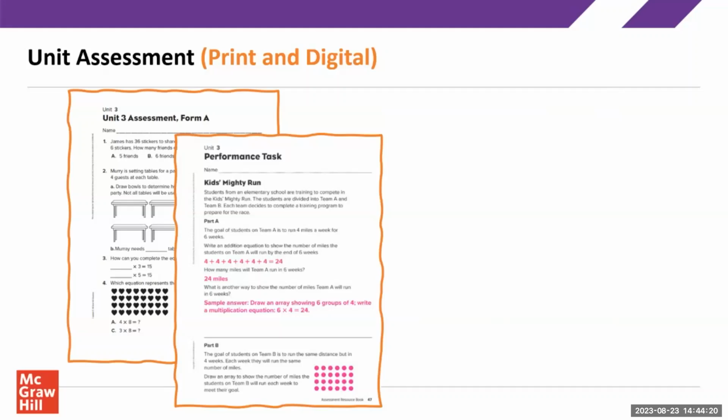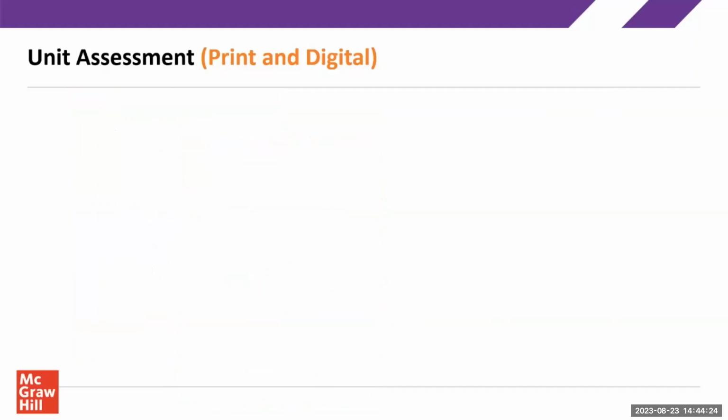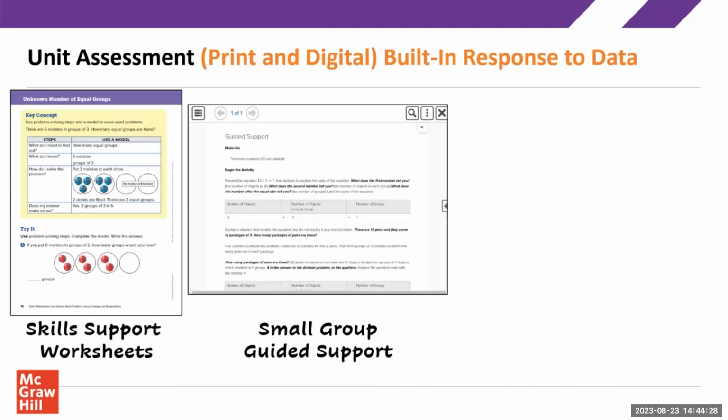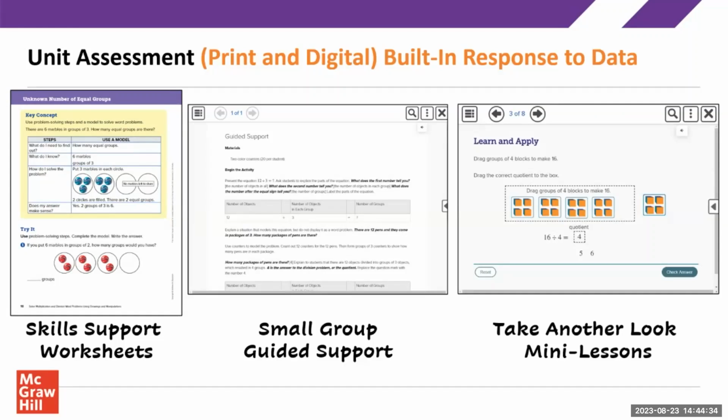Here also at the end of the unit are your 2 unit assessments. They are available in print and digital. And just as a reminder, we have that same built-in intervention at the end of the unit as we had at the beginning of the unit. So we have those skill support worksheets. We've got that small group guided support.